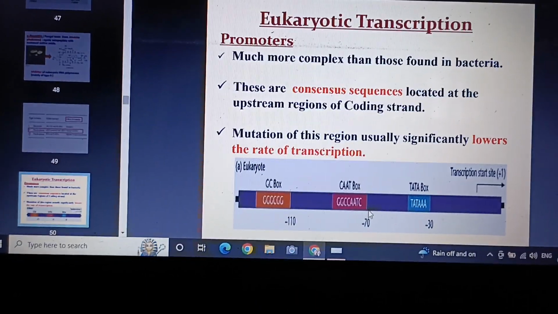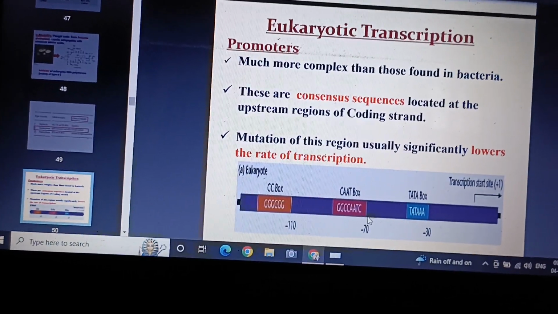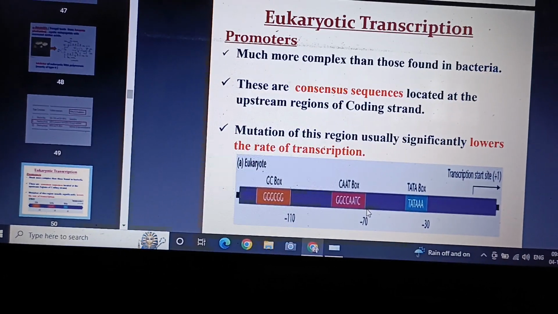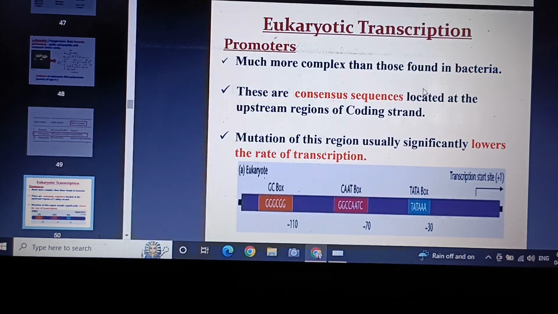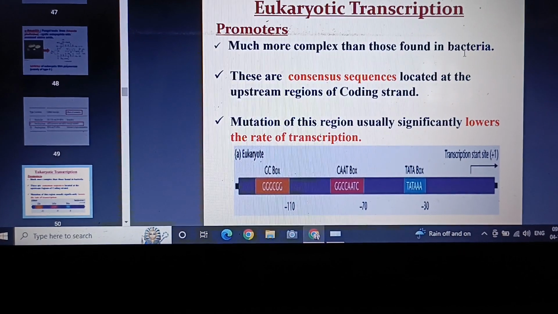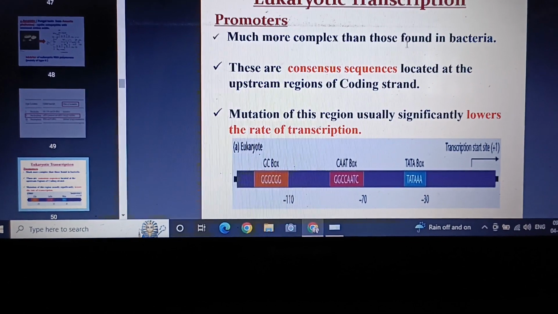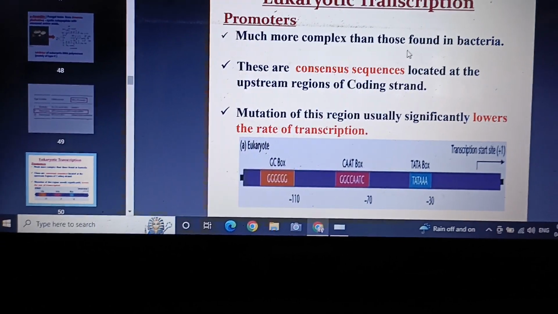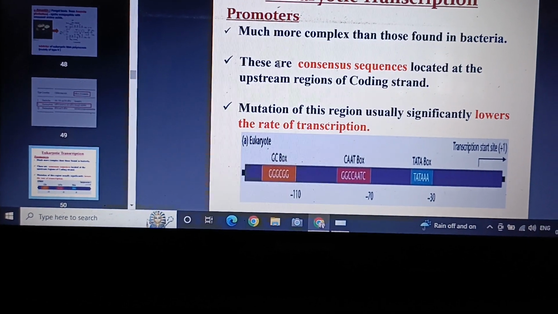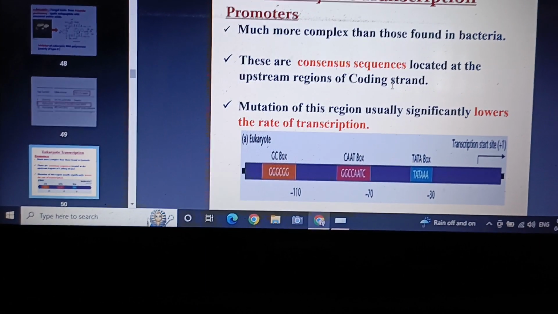In eukaryotic transcription, when the process is starting, the first thing is we need to initiate the mechanism with the promoter. Promoters are much more complex than those found in bacteria. As I told you already, this is quite confusing and difficult to understand. These are consensus sequences located at the upstream region of the coding region.